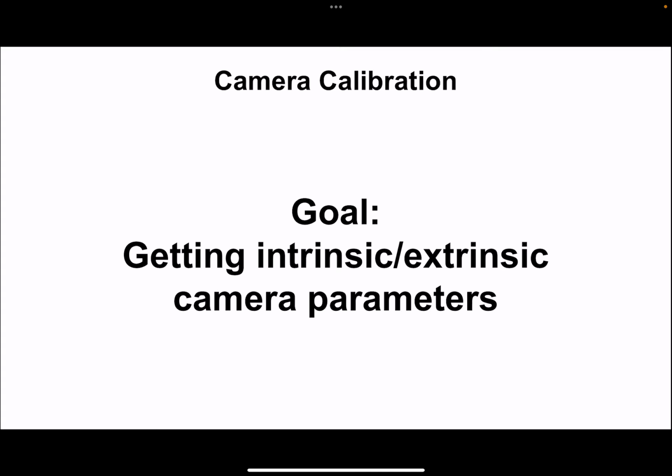In one sentence, the goal of camera calibration is getting intrinsic and extrinsic camera parameters. We learned intrinsic and extrinsic camera parameters, right? Intrinsic is for the 3D camera coordinate system to the 2D image coordinate system, like focal length and principal point.